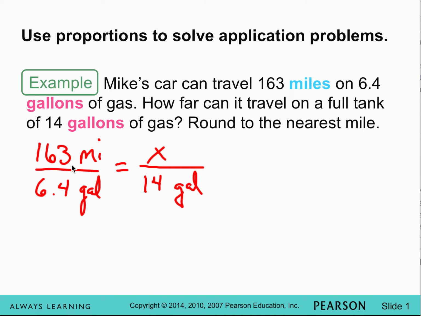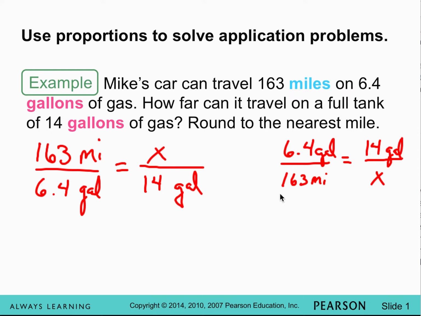So the great thing about these is, usually on miles and gallons we want them in this order, but if I would have written my ratio upside down, it doesn't matter as long as I put the corresponding units in corresponding places.